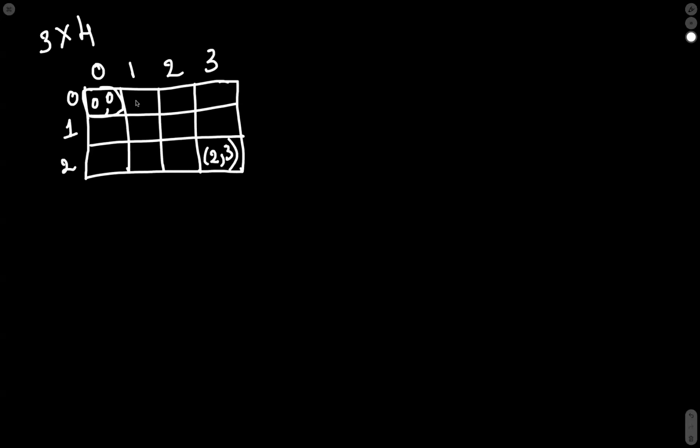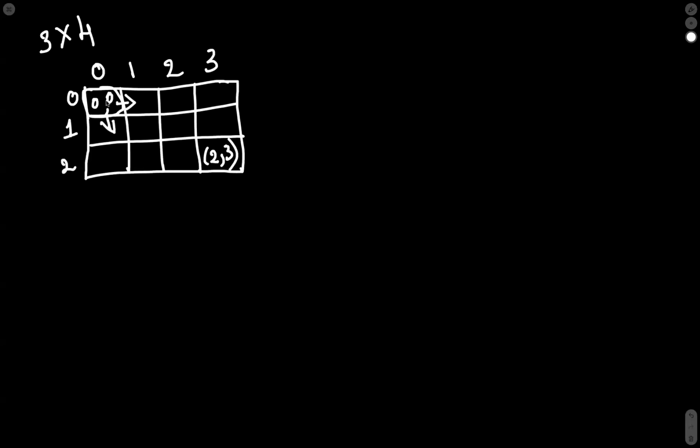So what are the possible paths where we can reach from this source to this destination 2 comma 3? They are asking for the total number of paths. The directions given are that starting from this cell, we can travel either to the right or down. There is no diagonal traversal.